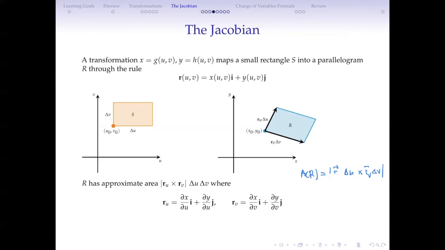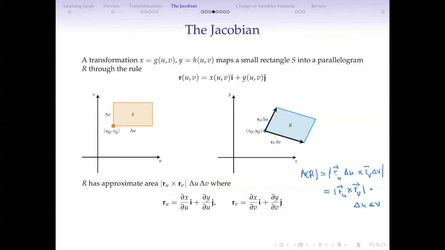So what I get is the magnitude of r_u cross r_v times delta u delta v. So the area of the parallelogram is exactly the area of the rectangle times a factor. So this r_u cross r_v is exactly the multiplication factor for area that describes how area changes as I move from the uv plane to the xy plane.